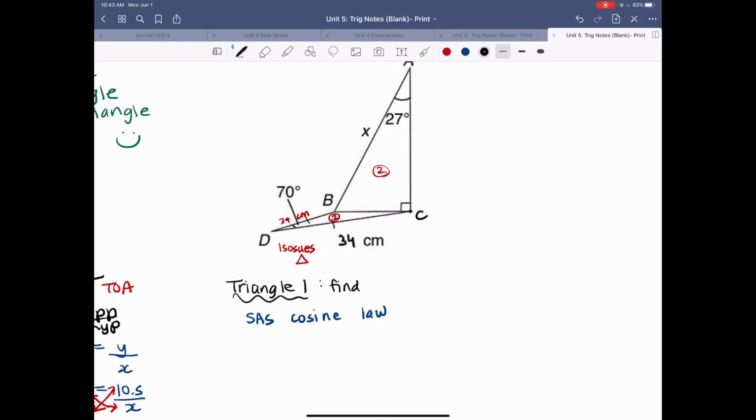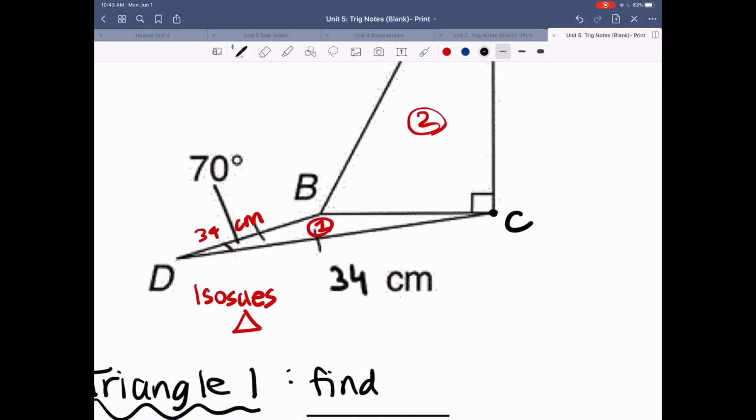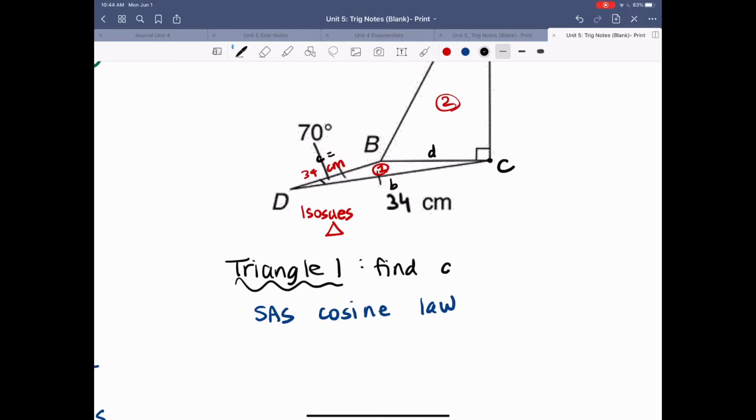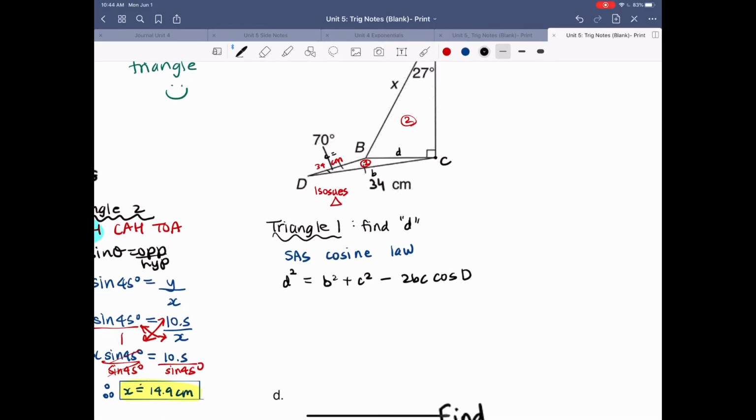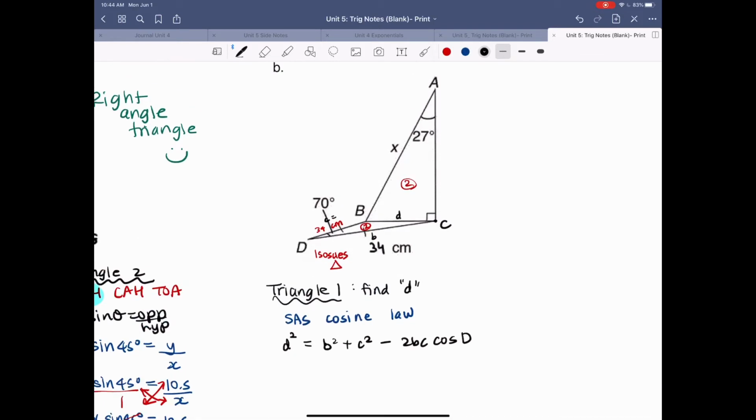So let's say if I label this C, that means that this length is C, and this is length B, and this is labeled D. So I actually have to find D. I mean, they're just letters, but just so that I can keep it really concise, for the cosine law that I'm going to use is D squared, because that's what I'm solving for, the D. I add up the other ones, which is B squared plus C squared minus 2BC cos angle D. All right, notice how it's sensitive to whether it's a capital or a lowercase. So let's go from there.